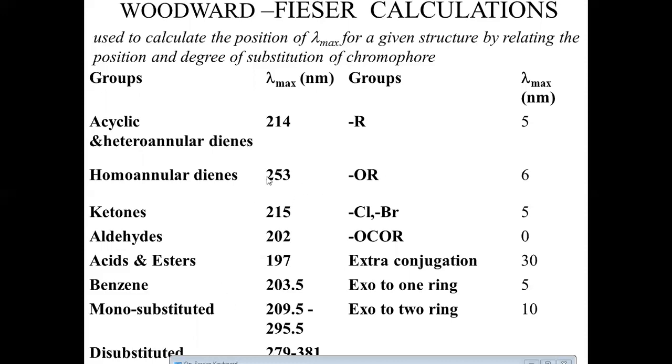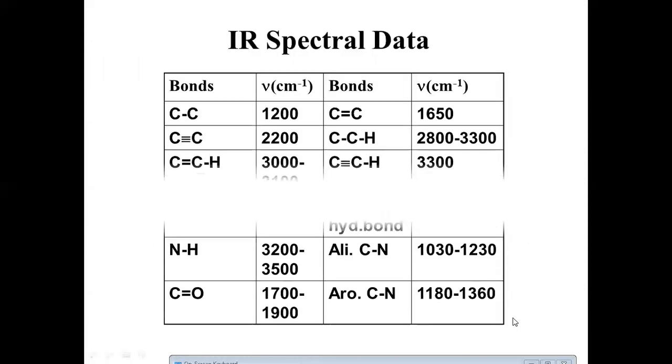Here you can see the base values of cyclic or heteroannular dienes, homoannular dienes, ketones, aldehydes, esters, and the additive properties like the alkyls or alkyl residues, which we call ring residues. Each one will carry 5. If you have an extra conjugation, you can add 30. And if you have an exocyclic double bond, depending whether it's on the 1 ring or the 2 ring, you can add either 5 or 10.